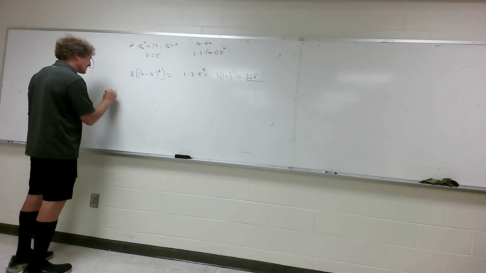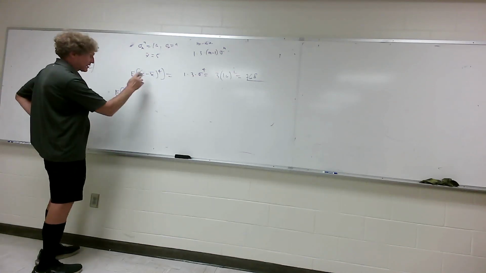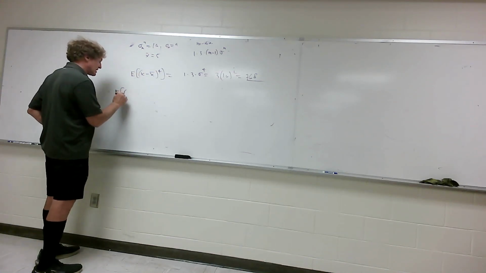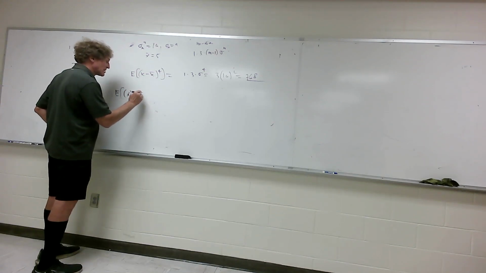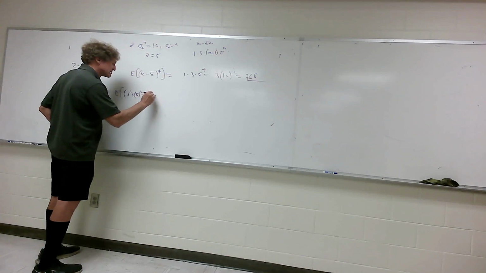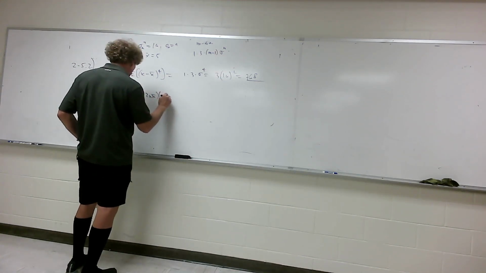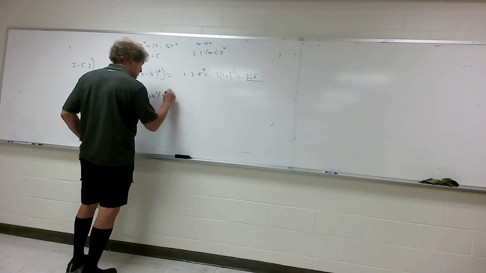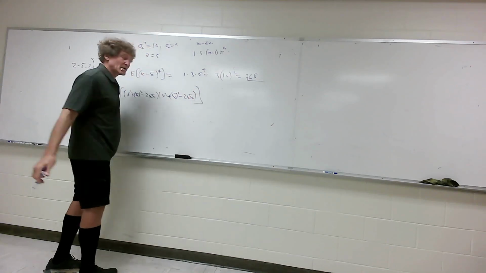X. I'll just tell you why I'm doing this, because on the test or quiz, this is really going to be x squared plus x bar squared minus 2x bar, and it's multiplied by itself, x squared plus x bar squared minus 2x bar. That's what I was just doing.